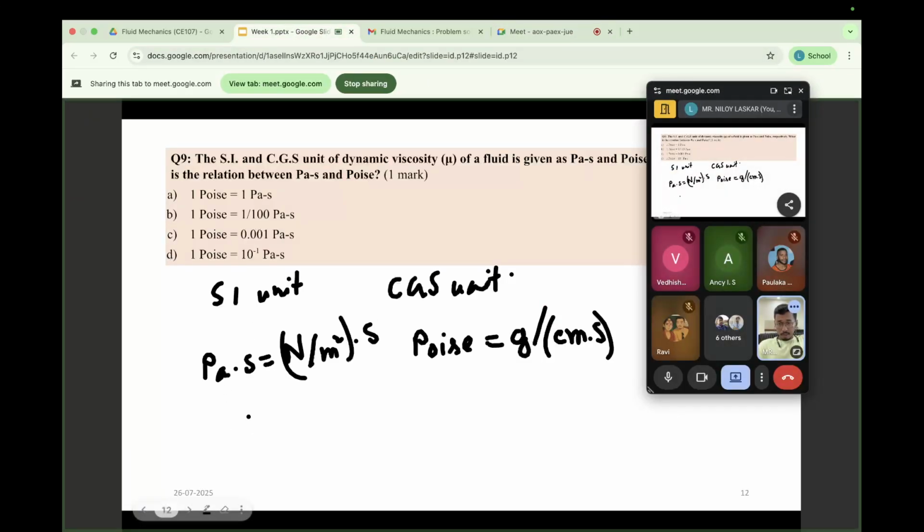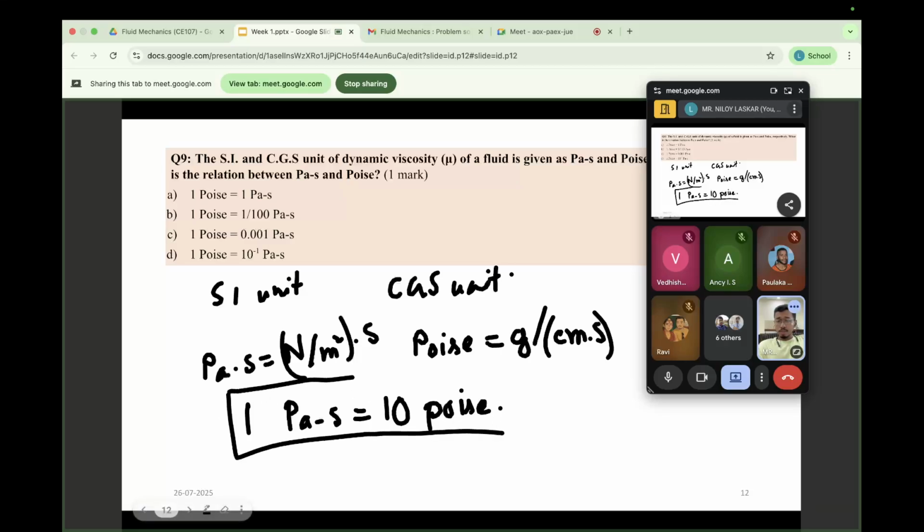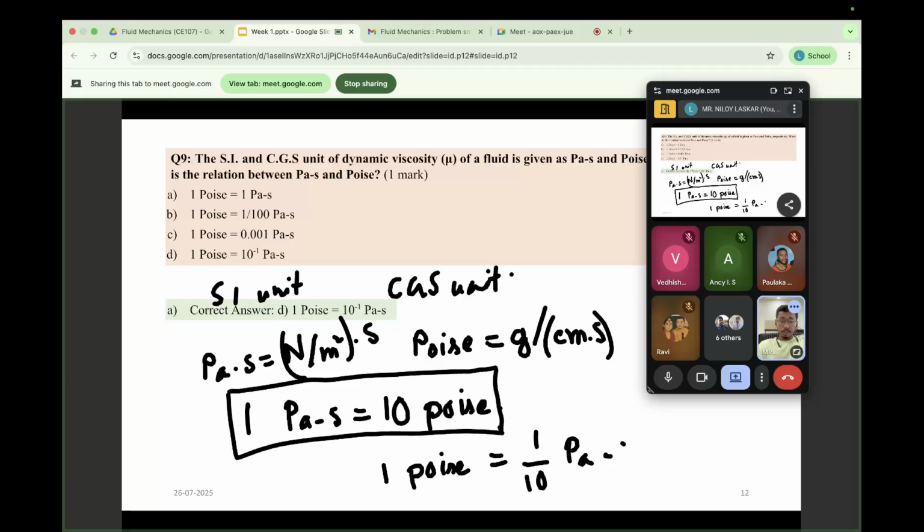See, it is 1 Pascal second equal to 10 poise. This is the conversion. So that means 1 poise equals 1 by 10 Pascal second, that means 10 to the power minus 1.